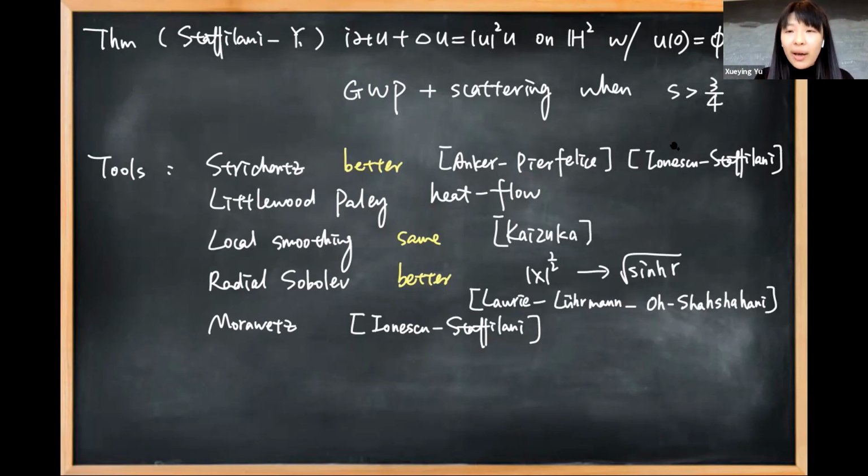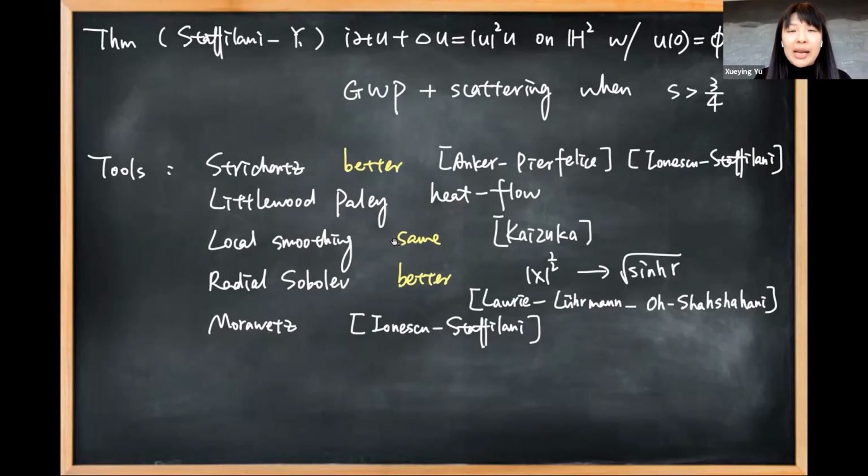The reason why we think this will work is that all the tools that we have used before are in my list. We only use Strichartz estimate, local smoothing, and radial Sobolev embedding. For the Strichartz estimate, it is even better in the hyperbolic space, so it gave us some positive news that you can recover the estimate.